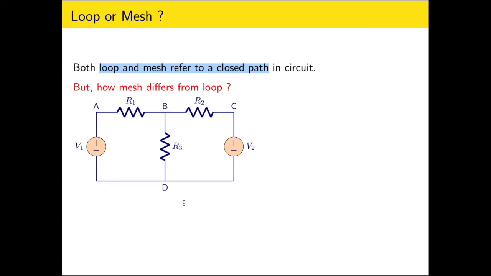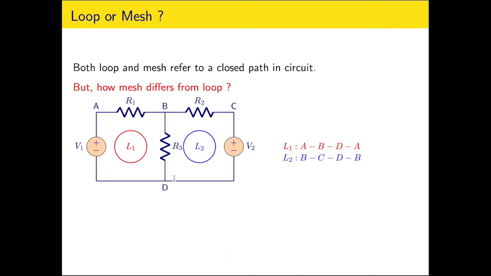Let us take the L1 path, which is A, B, D, A. It is going A, B, D, then A. So L1 is completed. L2 is B, C, D, B, and the third, L3, is A, B, C, then D, then A. All these three are closed paths, all three are loops, but L1 and L2 are the meshes.